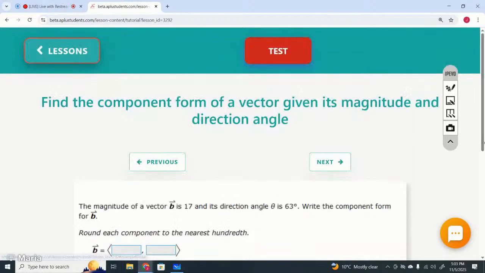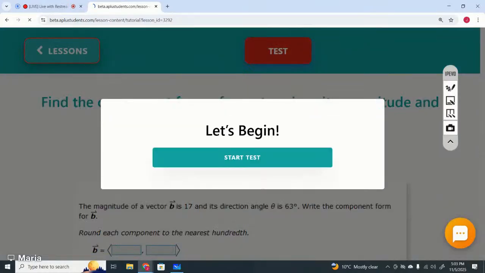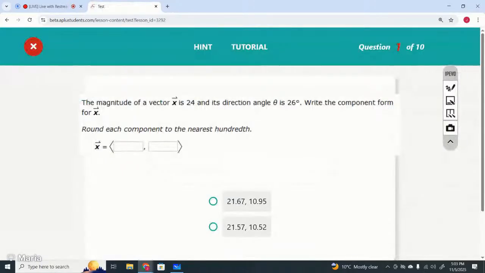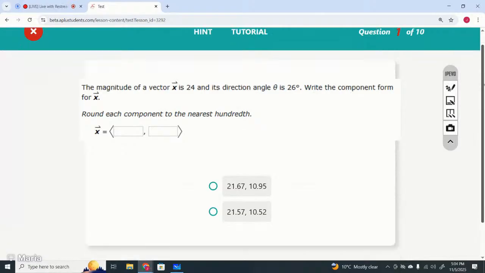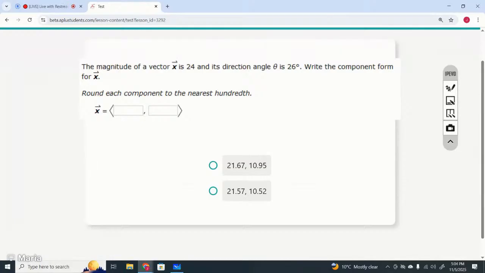Let's just start with the test questions. The magnitude of vector x is 24 and its direction theta is 26 degrees.